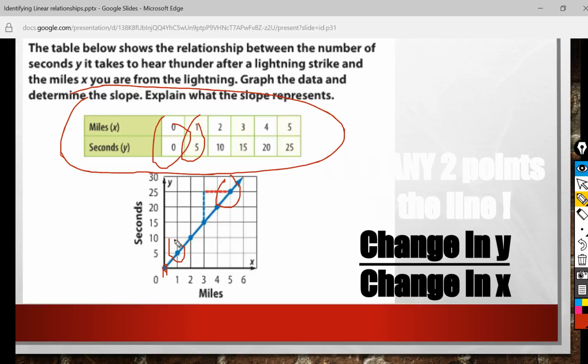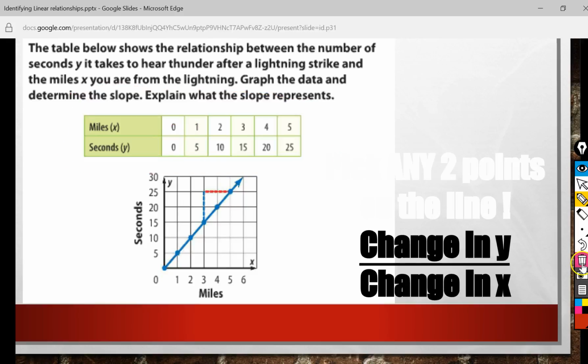So if you wanted to use this table right here, you could use the M equals y2 minus y1 over x2 minus x1. Or if you only had a graph, and I prefer the graph over the other one because all you have to do is counting. You don't have to do much math. Or if you just want to use the graph right here, you can just do rise divided by run.